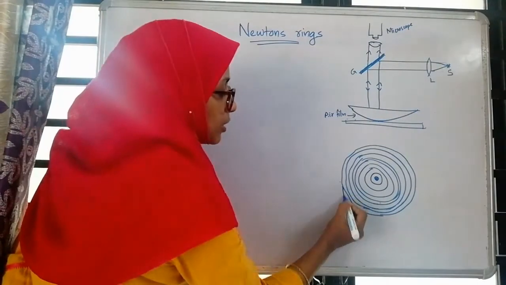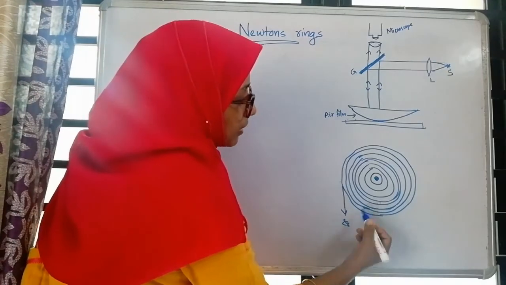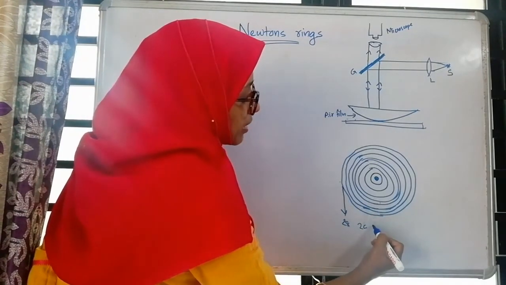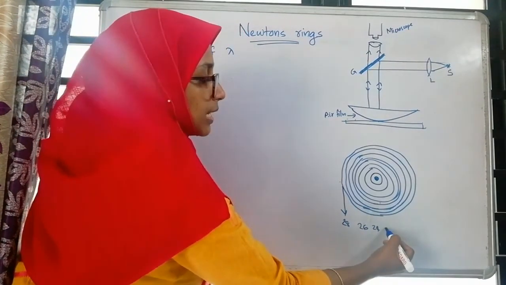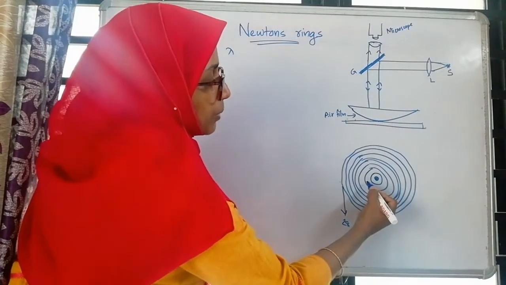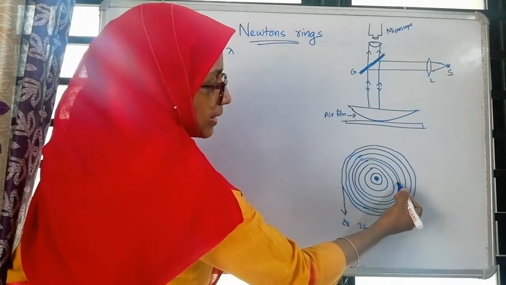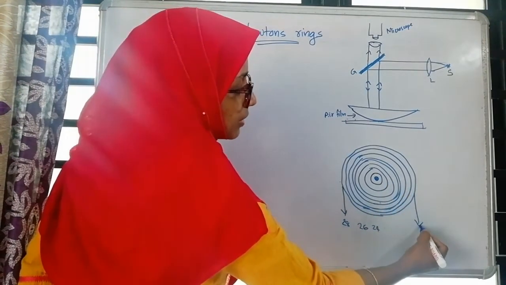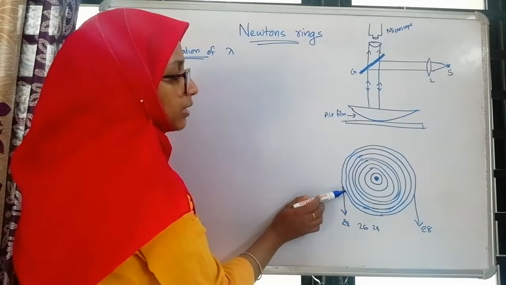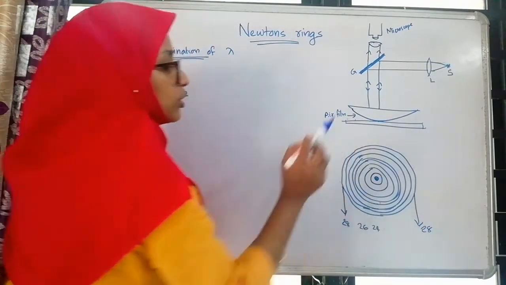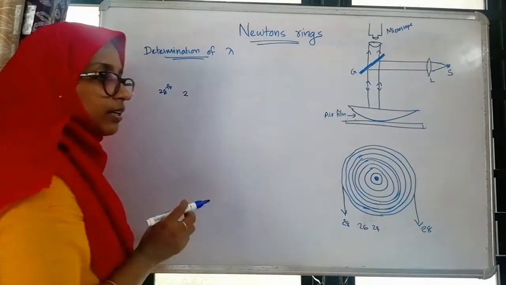So if this is the 28th ring, we start the counting from this point, then the next 26, and next 24, etc., up to 6, 4, and then move to the right side, 4, 6, 8 and like that up to 28. Once we move the microscope from this position, it should end in a single count to the 28th ring in the right direction. Then only we get the diameter of these rings correctly.